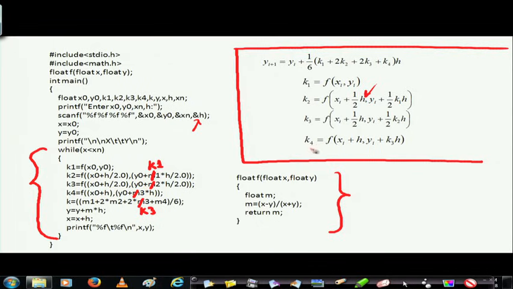I am computing all these and then y is assigned y plus kh, sorry, this whole thing is kh. Here this will also be k. So, this statement will be y will be y plus kh, and x plus h, I am incrementing x and going on, all right.